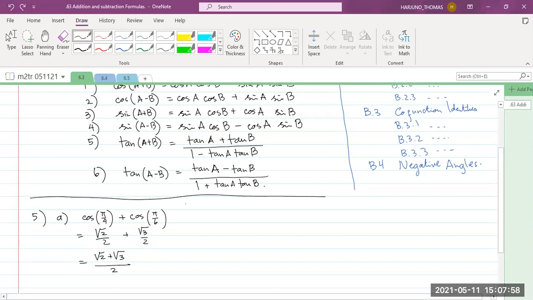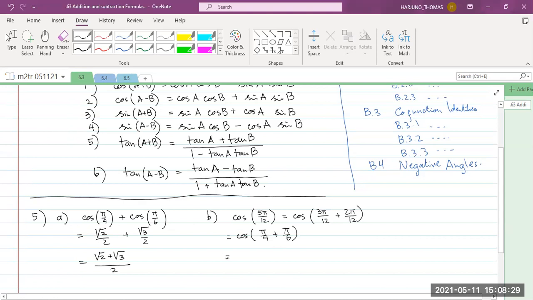However, if you contrast that with part B, cosine of 5 pi over 12, which is cosine of 3 pi over 12 plus 2 pi over 12, that is pi over 4 plus pi over 6.